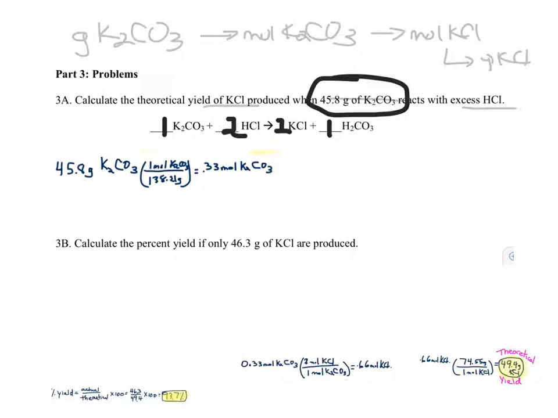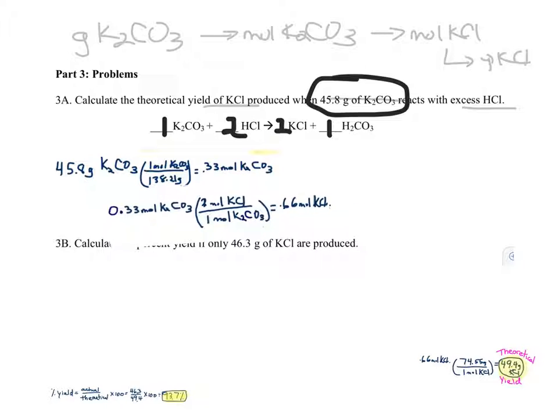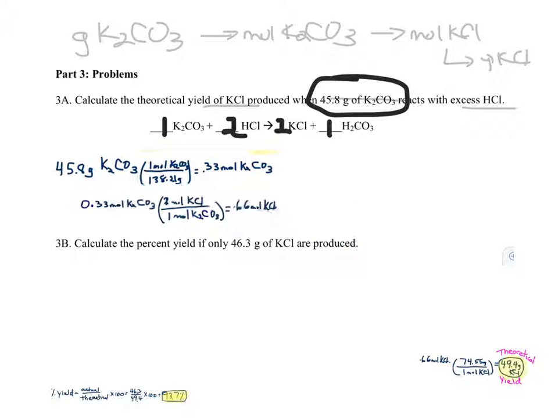Once I know the moles of potassium carbonate, I can multiply by the mole ratio found in the balanced equation. I'm going to potassium chloride. There are 2 potassium chlorides formed for every potassium carbonate.